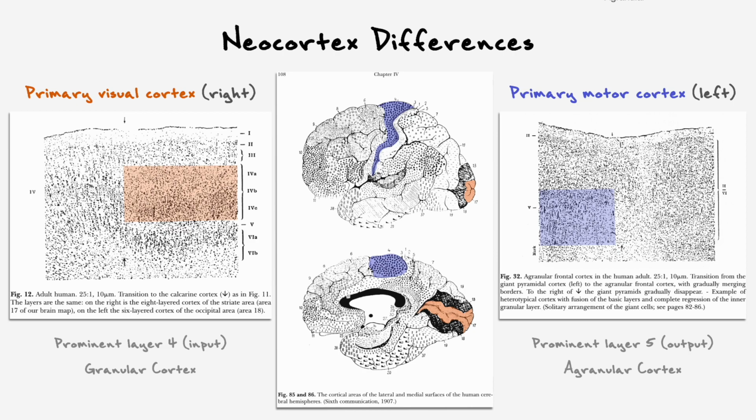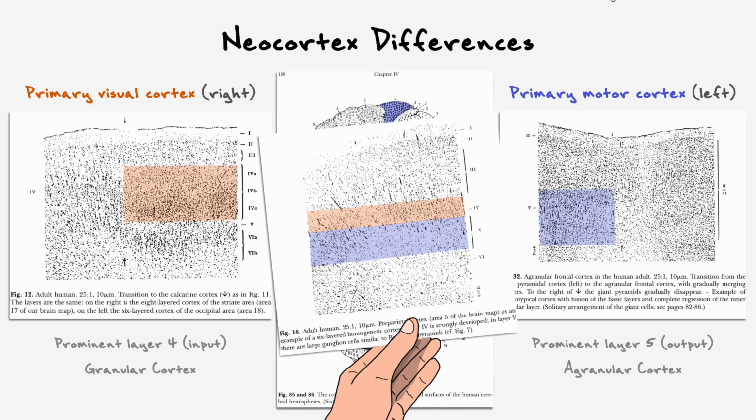In other areas that are less specialized in their function and play a more integrative role, the relative cellular layers will be between sensory and motor areas. For example, this is area 5, which, as you can see, has a balanced layer 4 and 5 with respect to the 2 other areas we've covered. In terms of its function, area 5 is an area of the parietal lobe that is known for its involvement in somatosensory processing and many more complex cognitive functions.